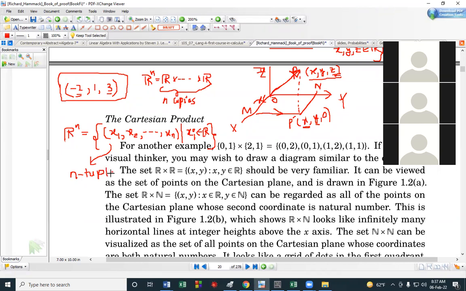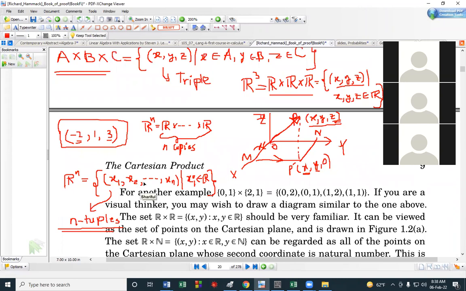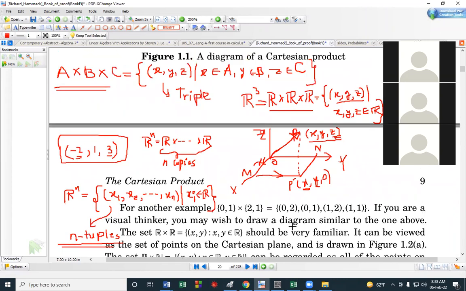Sir, is there any specific way to generalize them like this? What do you mean by the generalization here? I mean, you didn't directly write all of them. You just wrote x1, and I can't see the entire symbol. That's why I'm kind of confused. Okay. See, here we represented one dimension by x, the other vertical direction by y, and the remaining one by z, right?